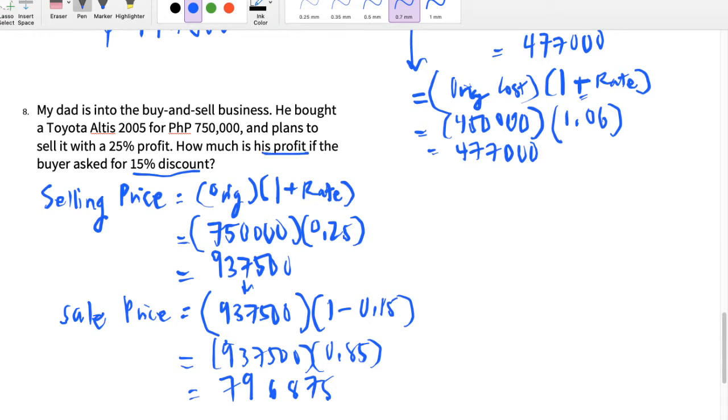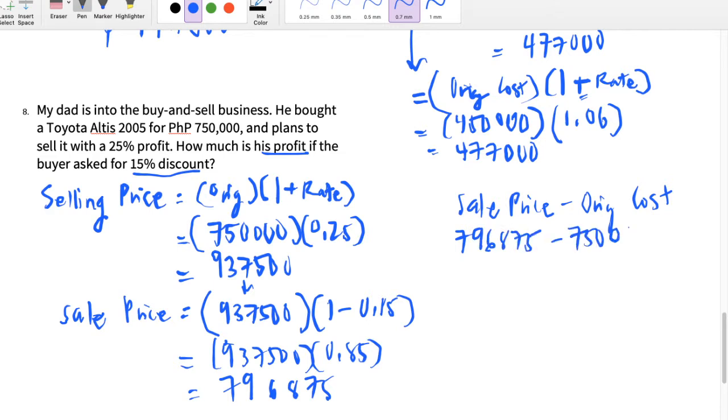Sale price minus the original cost. So, 796,875 minus 750,000. Ang sagot dito would be 46,875. Okay?